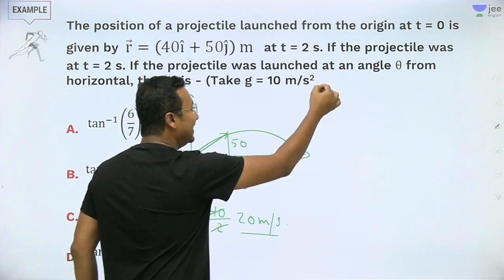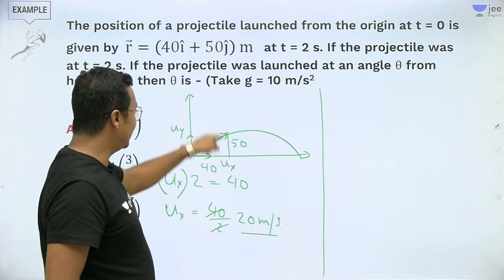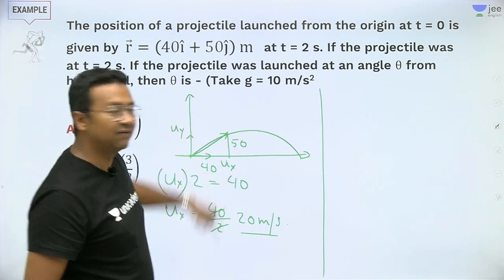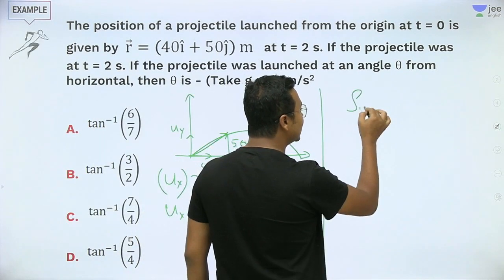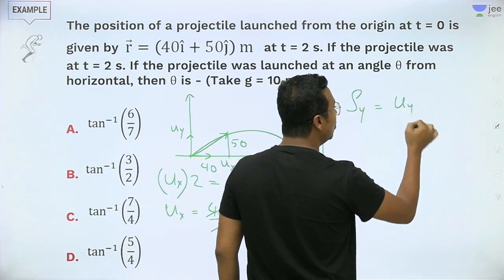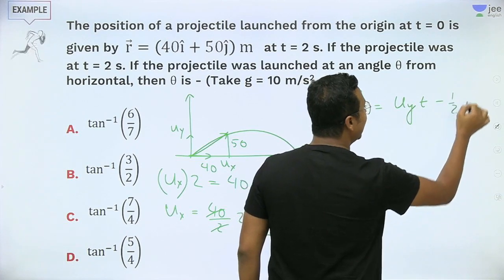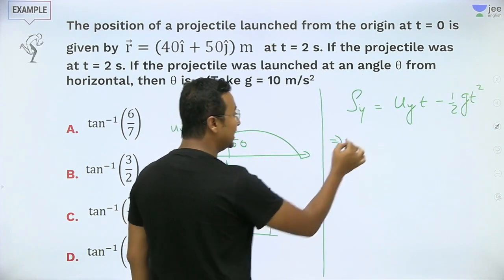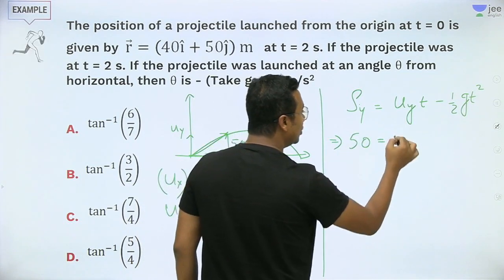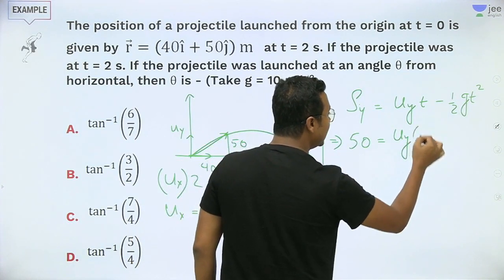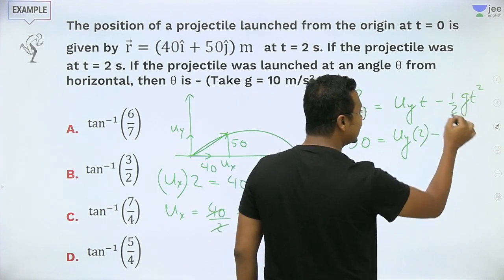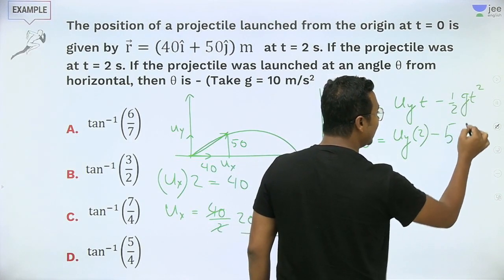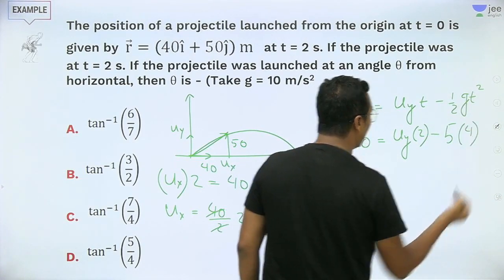Let's move ahead. Here the vertical displacement is 50. For vertical displacement, I can write Sy is equal to Uy into t minus half g t square. Now Sy we know is equal to 50. Uy I don't know. Time t is 2 seconds, minus 10 divided by 2 is 5, into 2 square, that is 4.